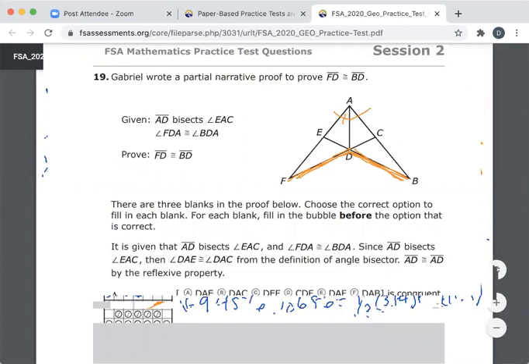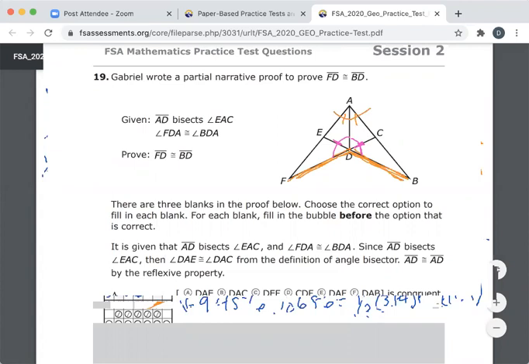So these two angles are the same. And that angle FDA, let me make this a different color, FDA is the same as BDA. So these angles are the same, these two pink ones. Prove that FD is the same as BD.